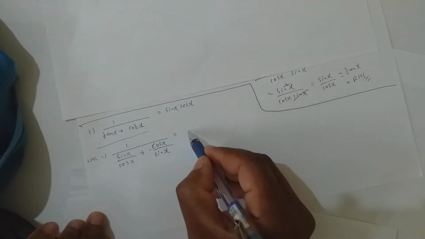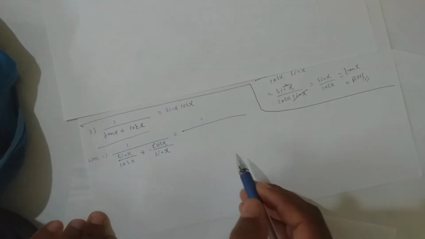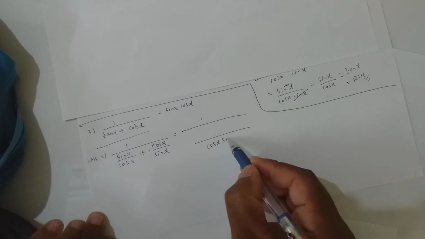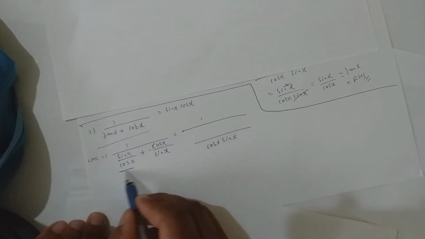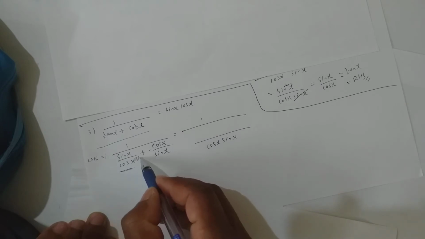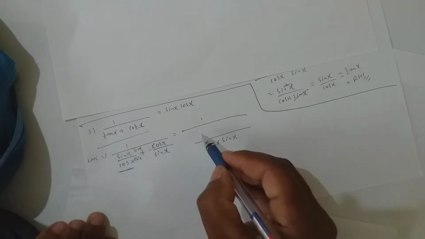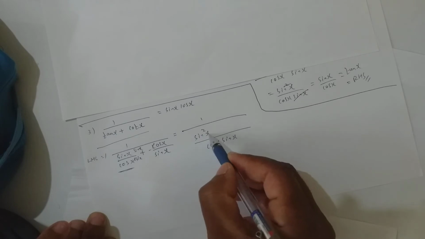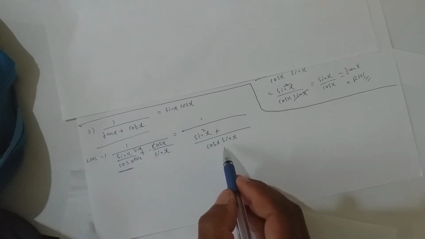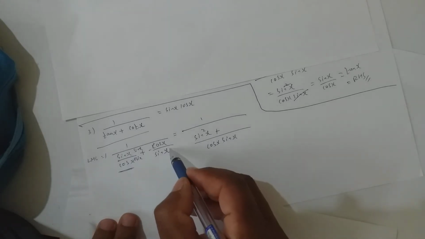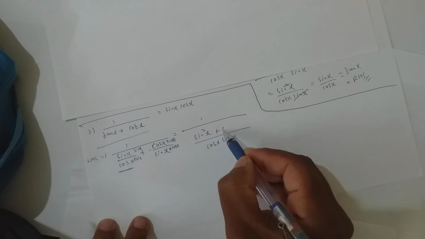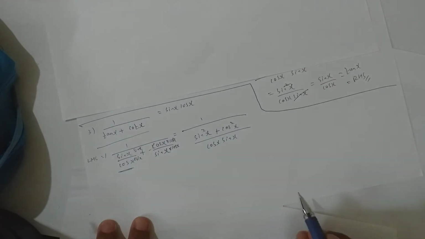Now next step, 1 by, I take the LCM of these two, which will be cos x and sin x. Here cos x should become this entire thing, so I need to multiply with sin x. So sin x into sin x is sin square x, plus sin x should become this entire thing, so I need to multiply with cos x. So cos x into cos x becomes cos square x.